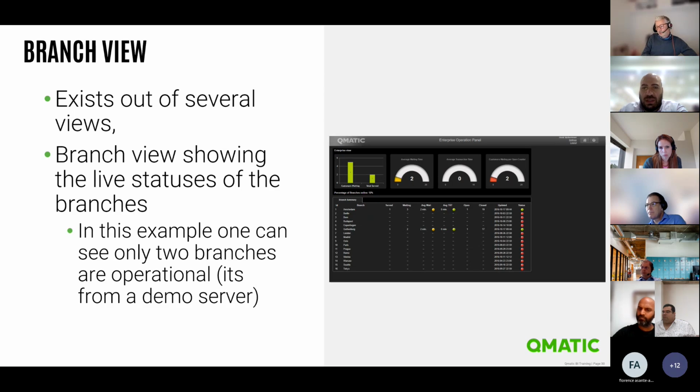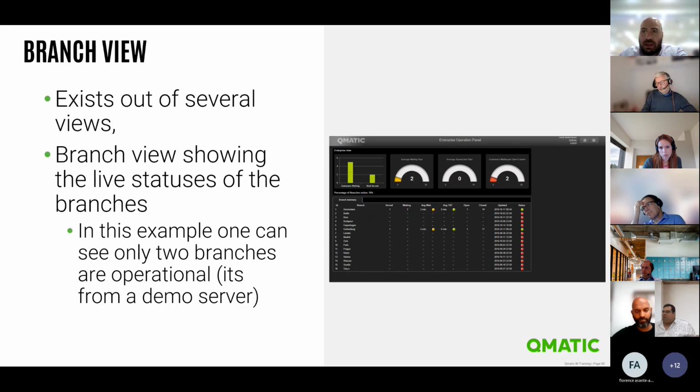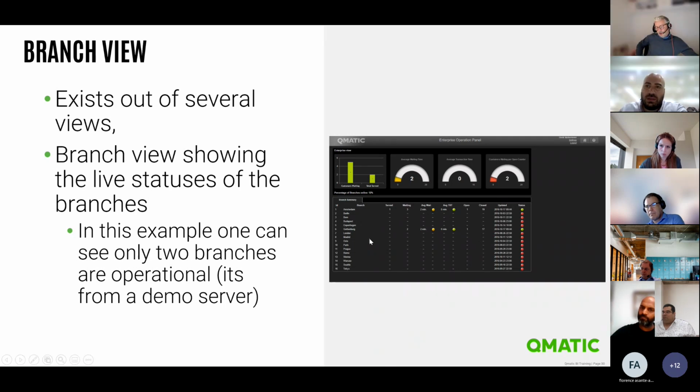My question is somewhat similar to what you're saying. Instead of having a different ops panel per branch, we can give different access rights per branch. Yes. So basically we define in the account that he can see a specific branch, and the top graphical part will just represent that branch. Yes. If one person has access to only one branch, they will only see one branch. Right, clear.